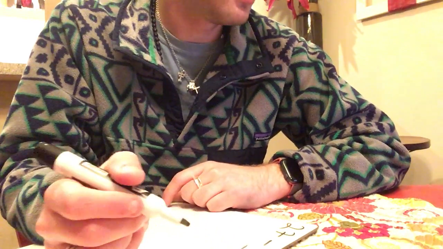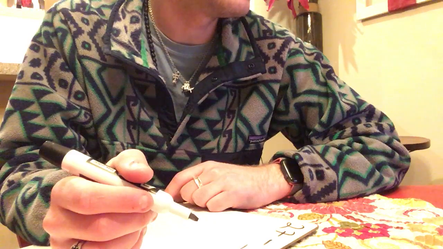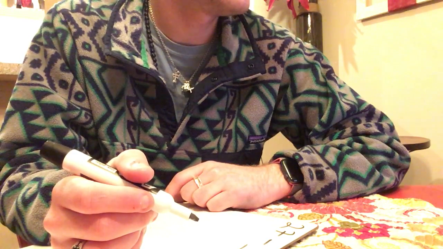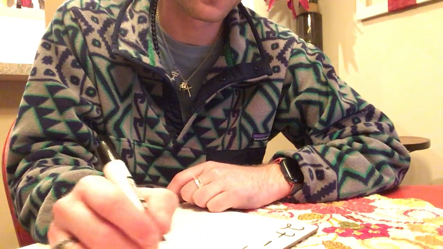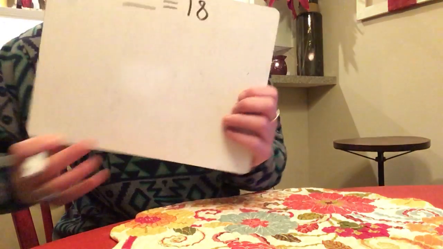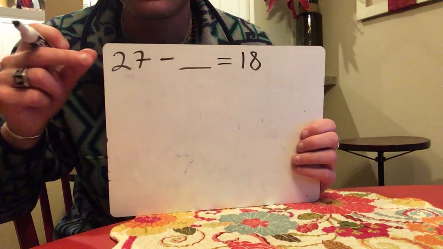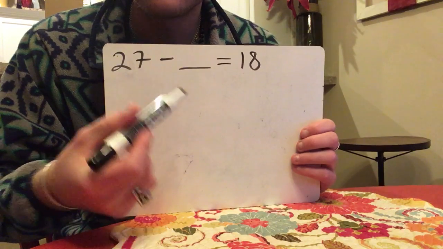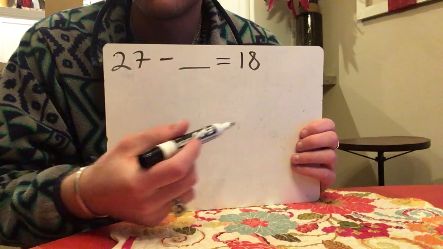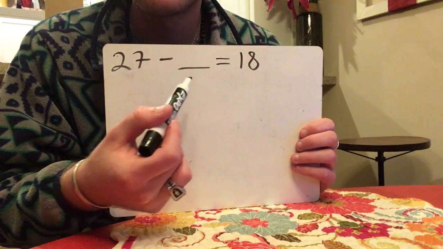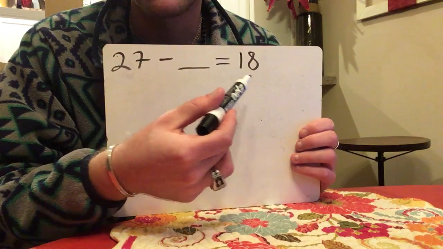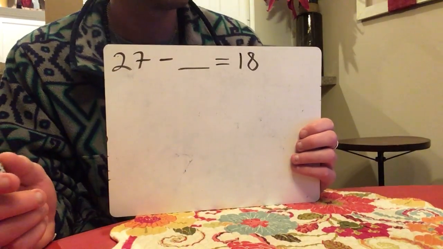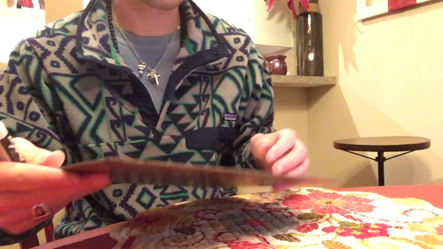And then it said, how many pieces of candy did Colin eat if there were 18 pieces of candy left? So we're going to write in our 18 over the equal sign. So our original 27 pieces minus our unknown pieces of candy equals our 18 pieces of candy that were left after Colin got done.